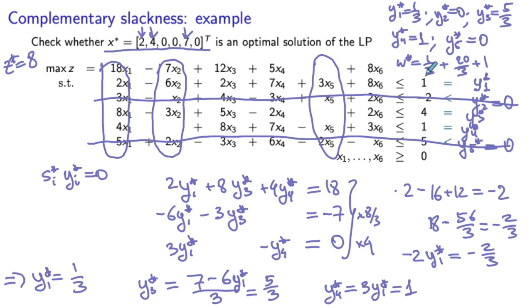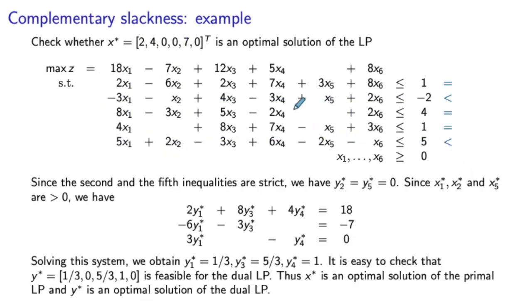So we have 21 thirds from here is 7, plus 1 is 8, so the objectives match. So the remaining thing to check is that when we plug in all the y stars in the 3rd, 4th, and 6th constraint, then each of these constraints will be satisfied. So please verify this. And this slide provides the summary of what we just did. So please again check the feasibility of the 3rd, 4th, and 6th dual constraint at y star to finalize this.